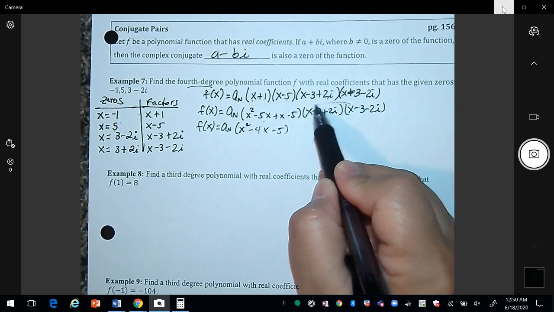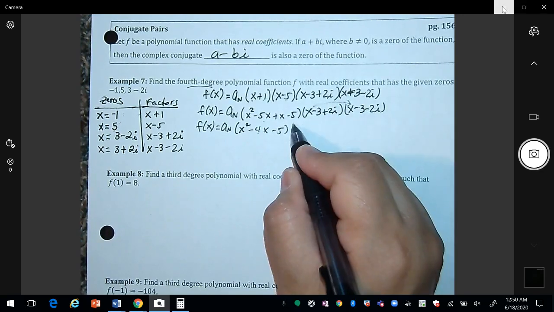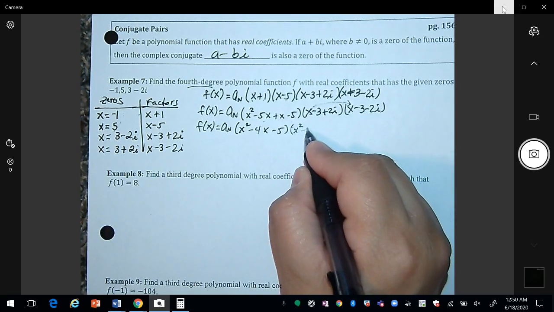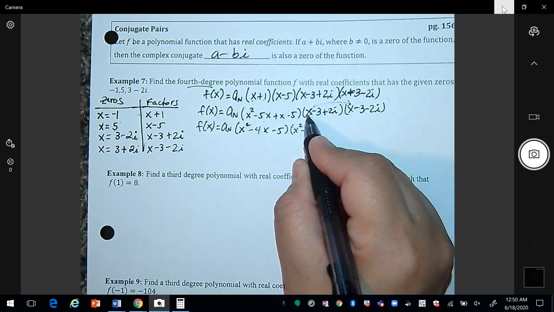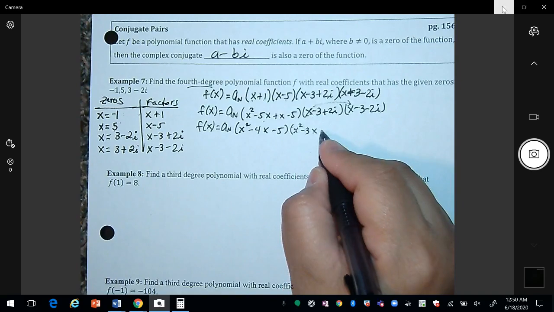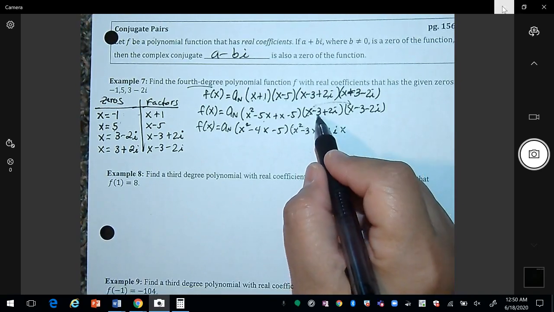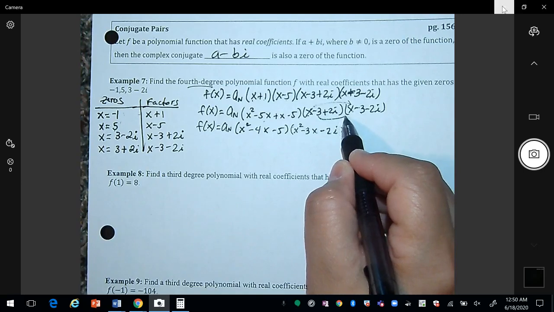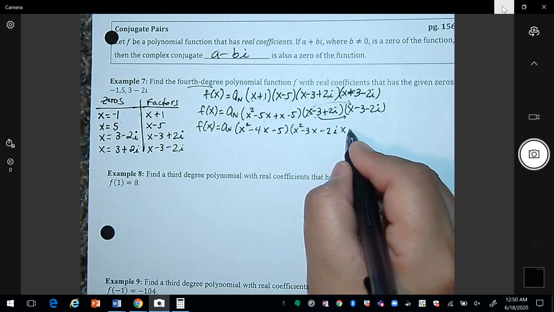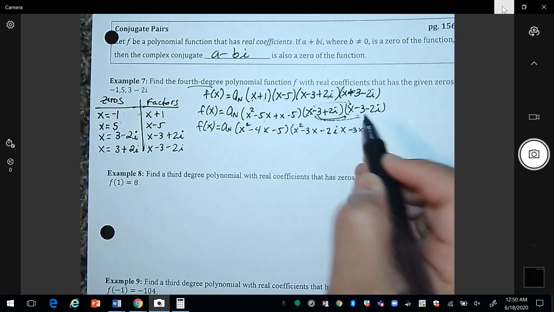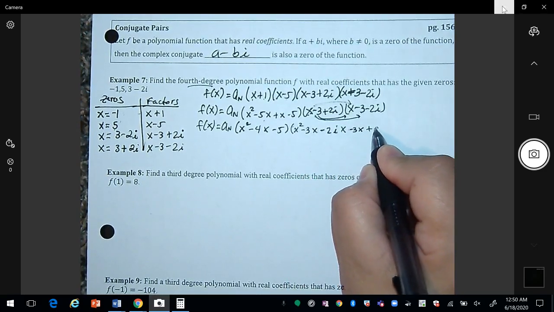X times x is x squared. X times -3 is -3x. X times -2i is -2ix. Then we start with a 3. -3 times x is -3x. -3 times -3 is +9.